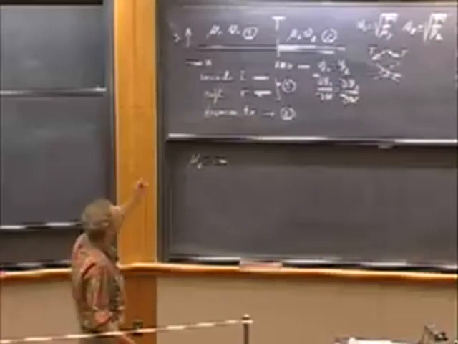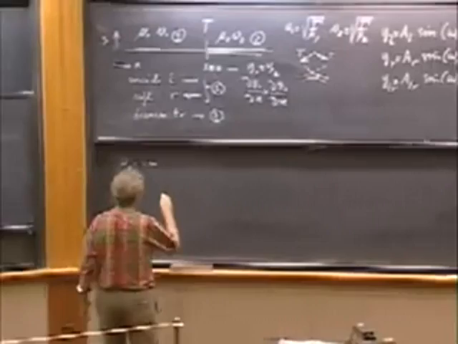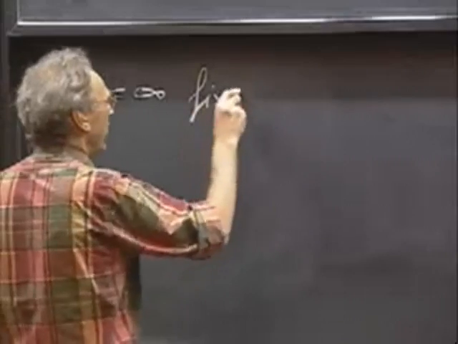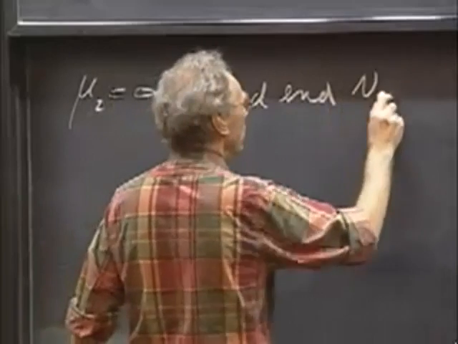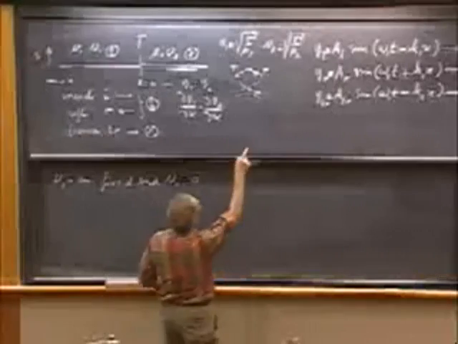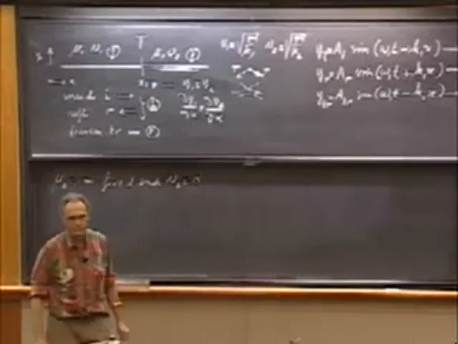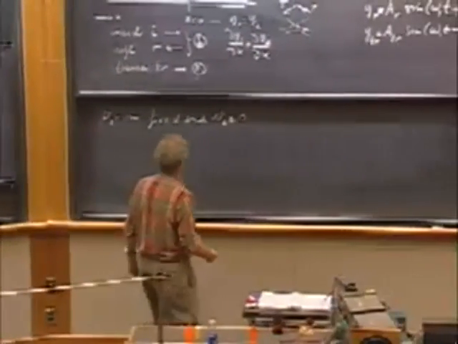The incoming wave couldn't possibly move the wall. So this is the same as what we earlier called a fixed end. In other words, V2 is 0, right? Because if mu2 is infinity, then V2 is 0. So now I go to those equations, and I say, what is now R?